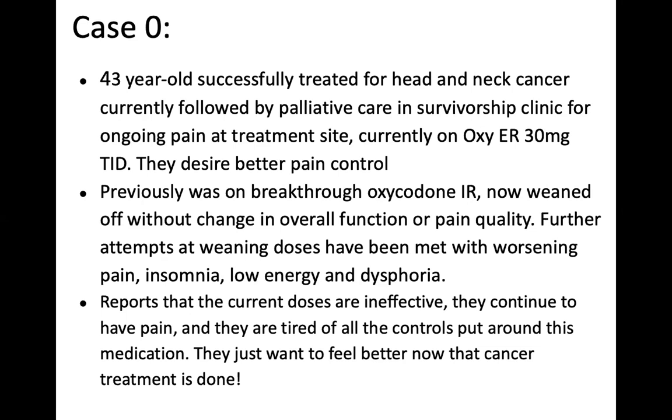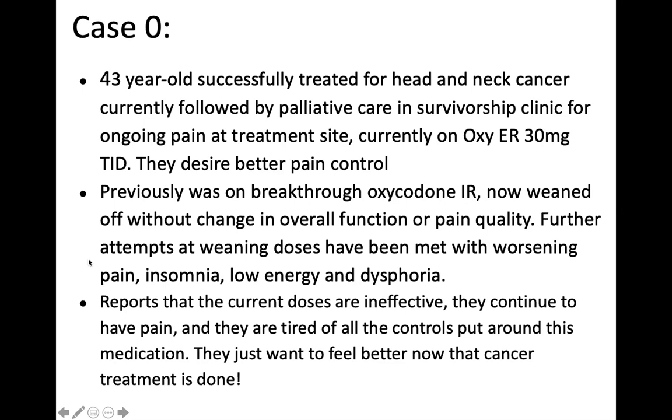Given this individual's status in the survivorship clinic, there are attempts and a desire to have this individual on less opioids. Previous attempts at weaning doses have left the patient with worsening pain, insomnia, low energy, and feelings of dysphoria.